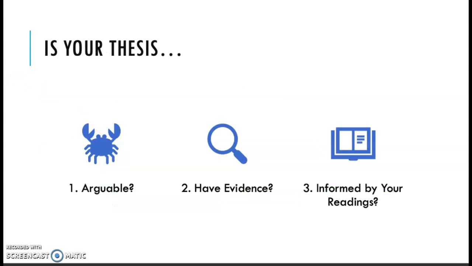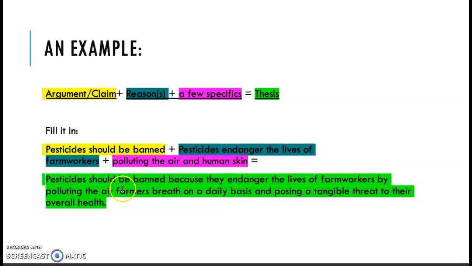Let me see. I have some evidence, right? Here's my how it does what I say it does. And it's going to be informed by my readings. If I was reading something about pesticides or the dangers of pesticides or the statistics of how farm workers are more likely to have health problems, those would be readings that would really inform this thesis.